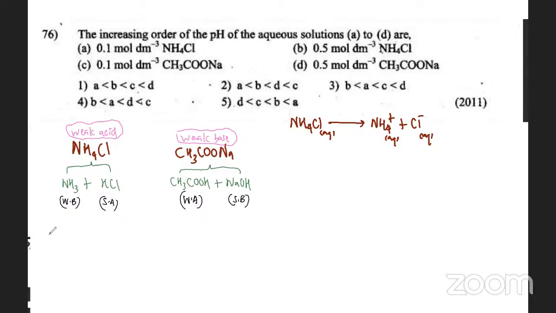So how about pH then? Generally speaking, pH will be higher for who? This ammonium chloride should be lower than CH3COONa. Why did I arrange them like this? Because ammonium chloride is a weak acid, and this one is a weak base.